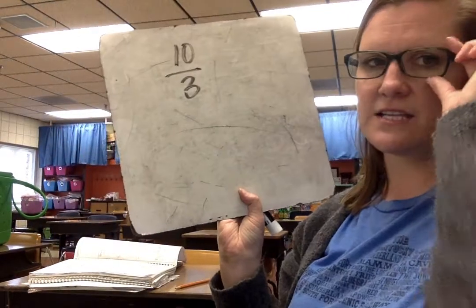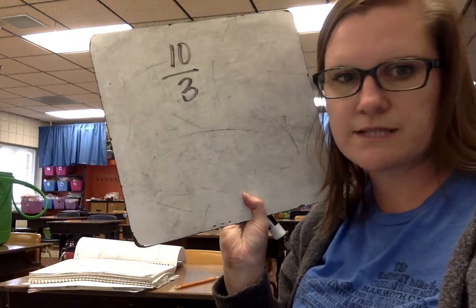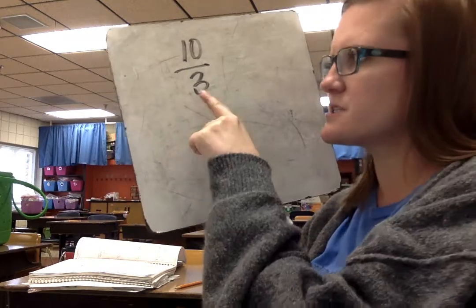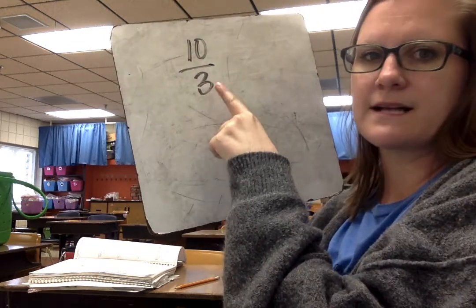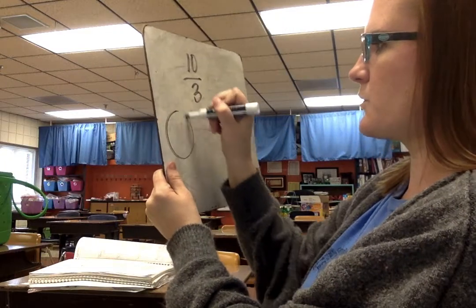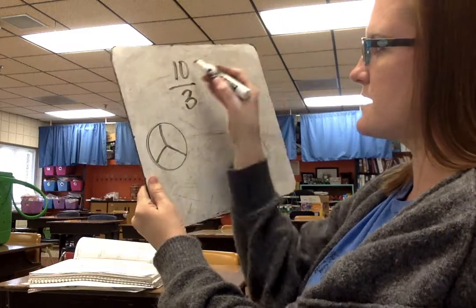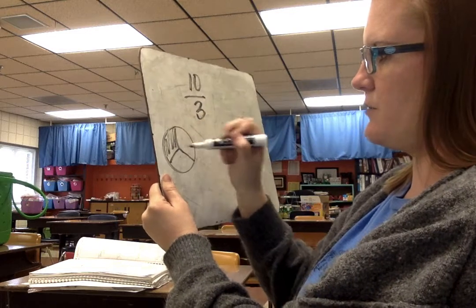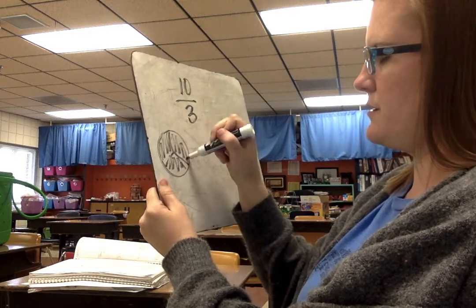Let's do one more. I know I've been doing this video for quite a while, but it's recorded, so you can rewatch whatever you need to watch. Let's do 10/3. Let's turn that into a mixed number, or let's see how many wholes that is. So let's draw it out first. 3 pieces make the whole because that's our denominator. So in 1 whole, I'll have 3 pieces. I need to shade 10. 1, 2, 3.